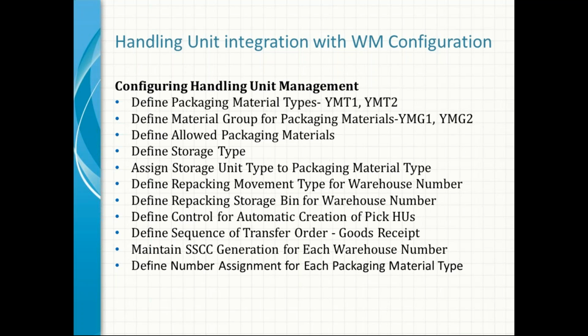Along with that, we need to define storage types, assign storage unit type to packaging material type, define repacking movement type for warehouse number, define repacking storage bin for warehouse number, and define control for automatic creation of PKQs. Then define sequence of transfer order goods receipt, maintain SSCC generation for each warehouse number, and define number assignment for each packaging material type.